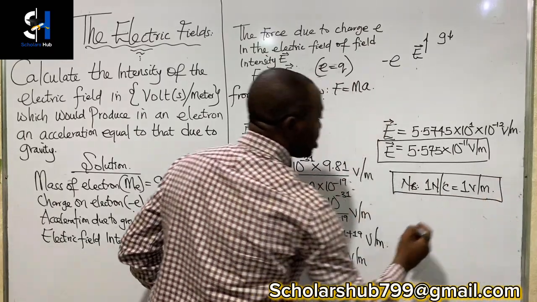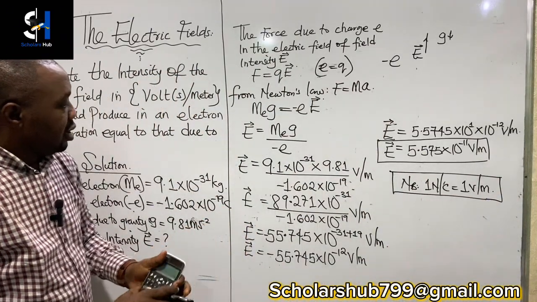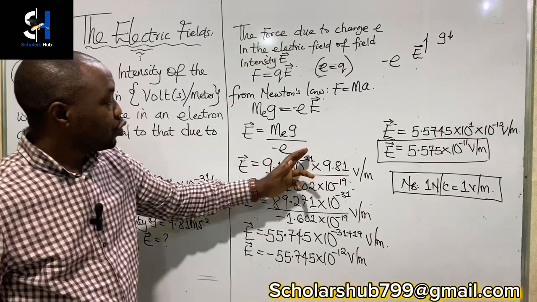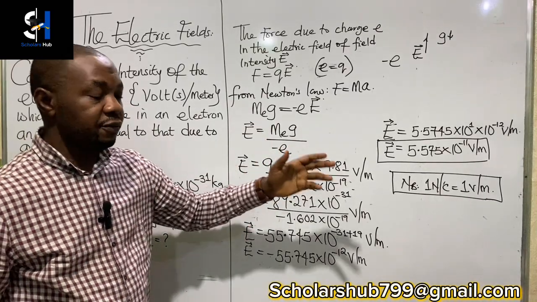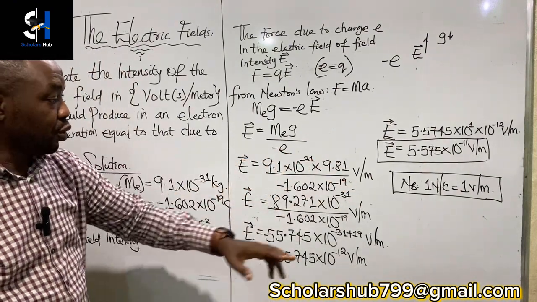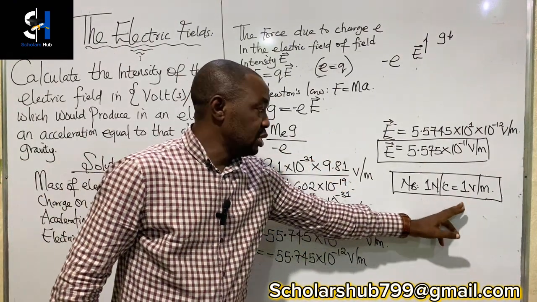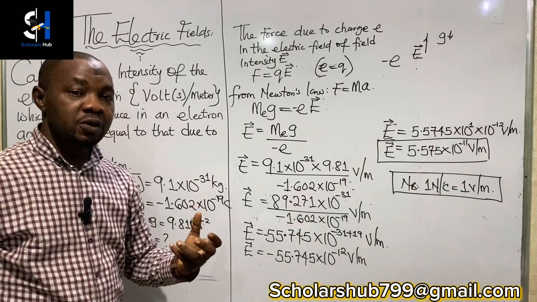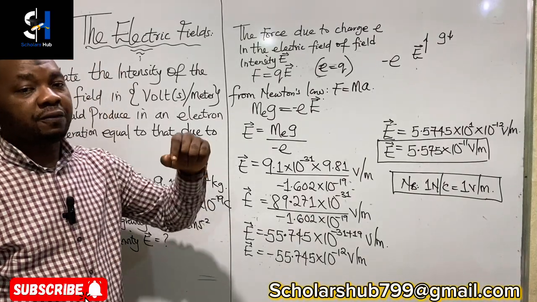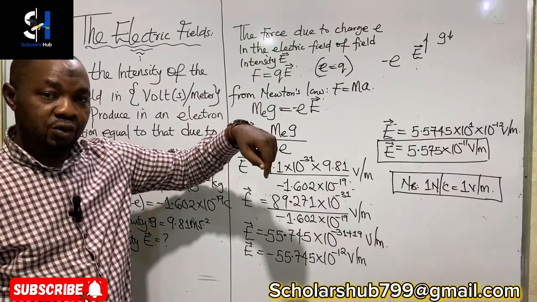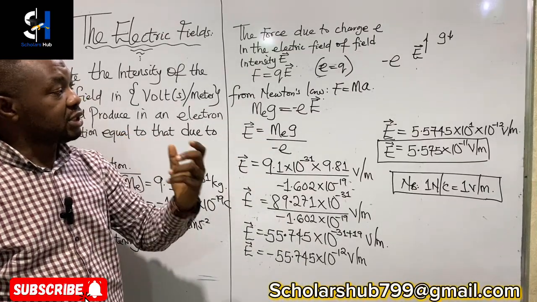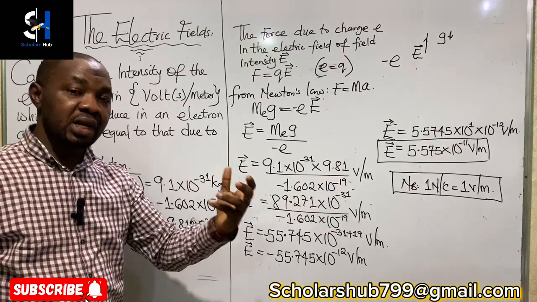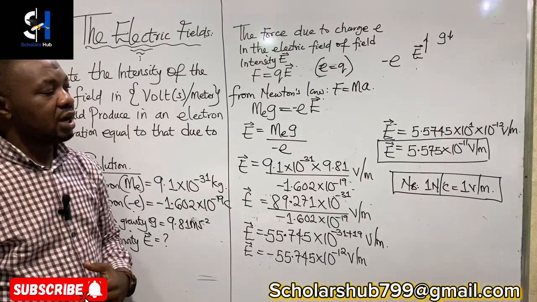So if the unit is supposed to be Newton per coulomb, we can also write the unit as volts per meter. And we know that electric field intensity is the ratio of force acting on the electron to the charge on the electron, which exists in an electric field.